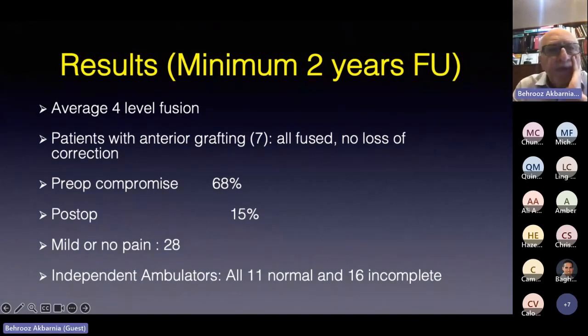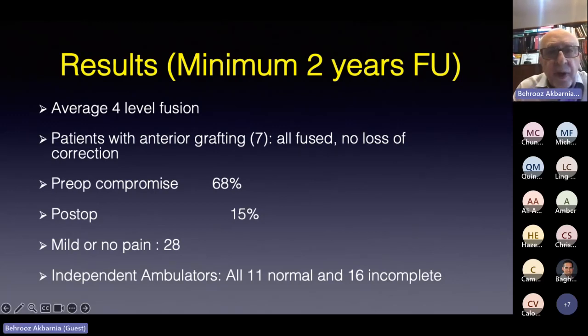At minimum of 2 years follow-up, the average fusion of 4 levels, patients with anterior grafting, which had 7, all fused. So anyone who had an interbody fusion fused, no loss of correction. The CT scan showed 68% canal compromise preoperatively, and postoperatively showed 15%.